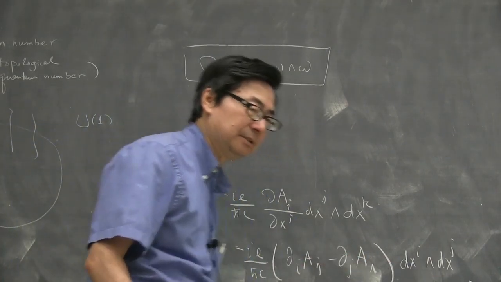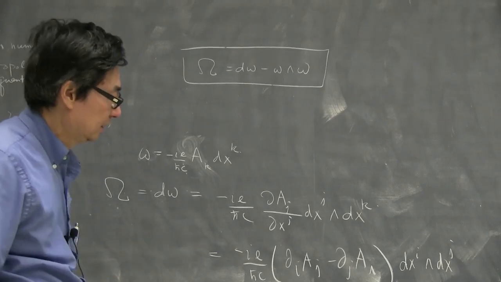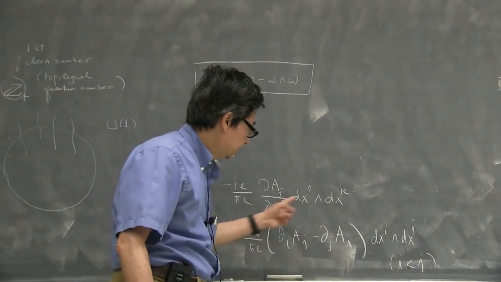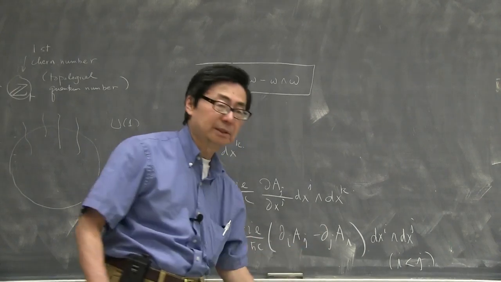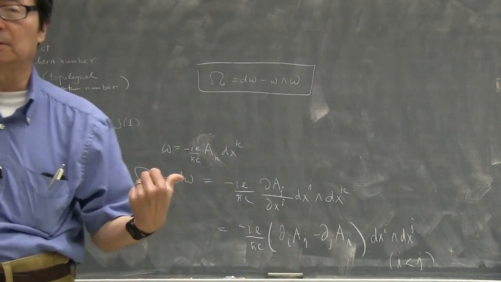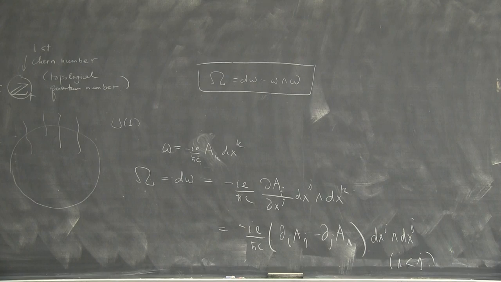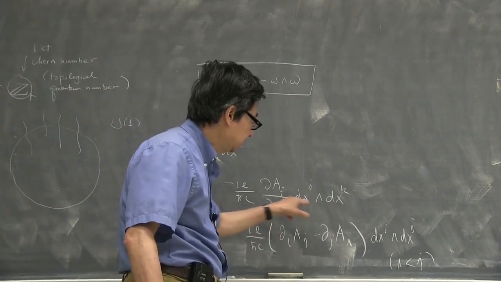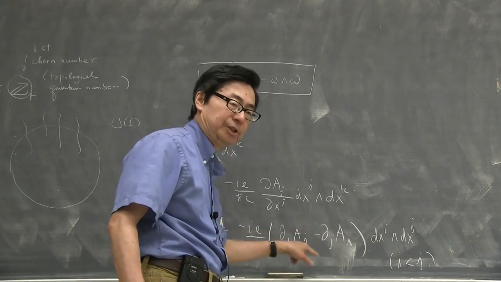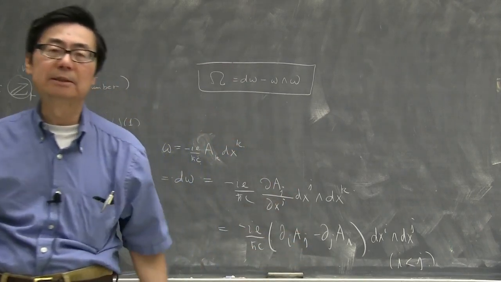There's two of these guys in here, wedged together or multiplied together. And then this is a tensorial quantity by itself with particular values of i and j. It's anti-symmetric as clearly seen. If you call the whole thing F_ij, F_ij is clearly equal to minus F_ji because of this minus sign in here, okay?